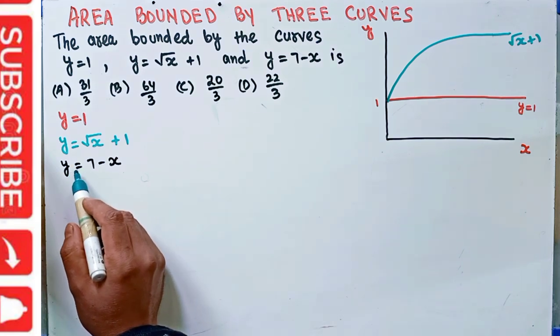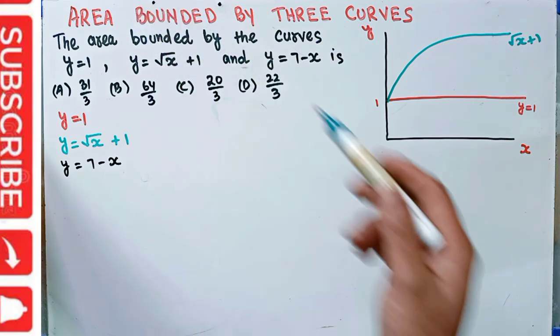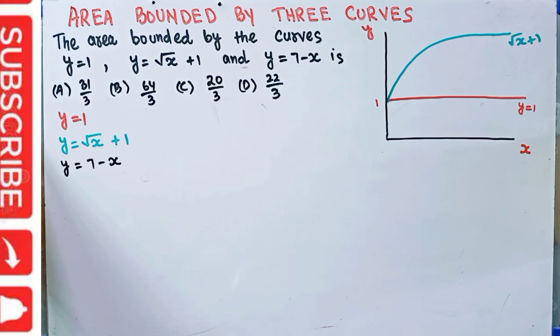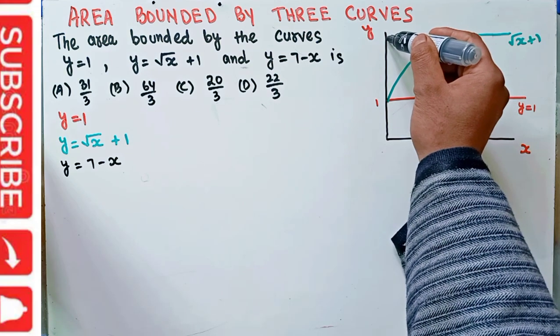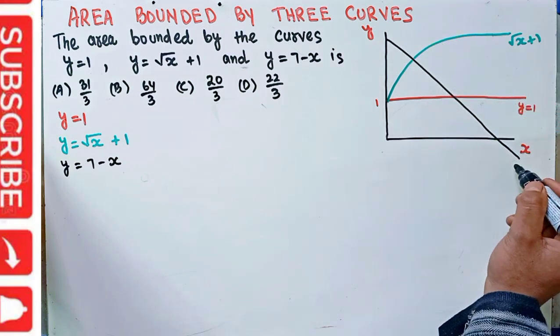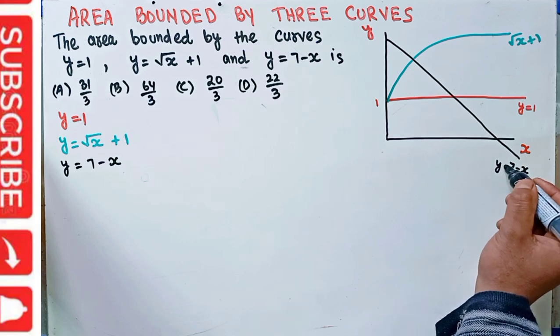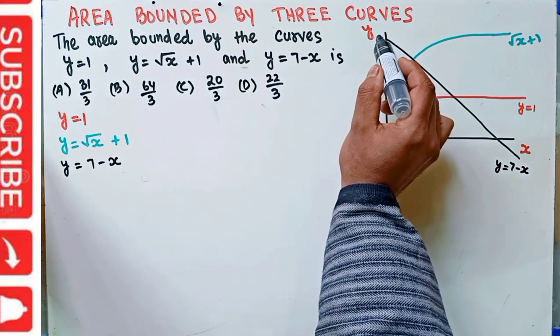So the intercept is 7, and since the coefficient of x is negative, it will be downward sloping. So we will have this kind of function here, which is y is equal to 7 minus x.